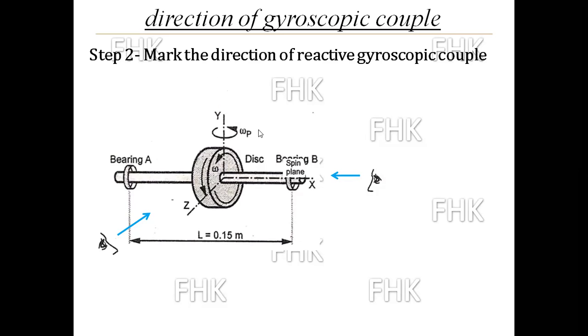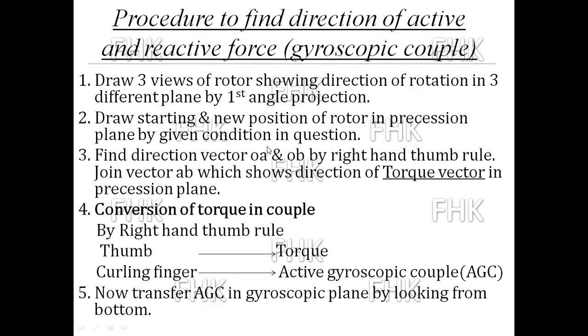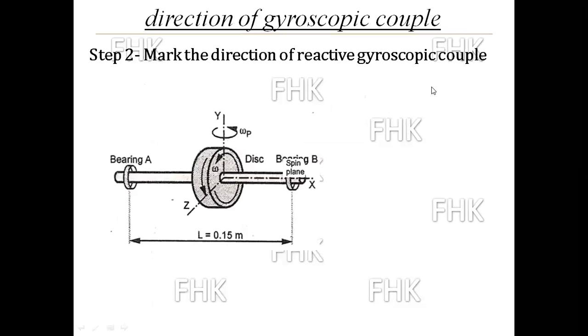Now, as per the first step to find the direction of the active couple, I read the first step: draw three views of a rotor showing the direction of rotation in three different planes by the first angle projection method. You have to draw three views of the rotor in which you show the direction of rotation of the rotor.